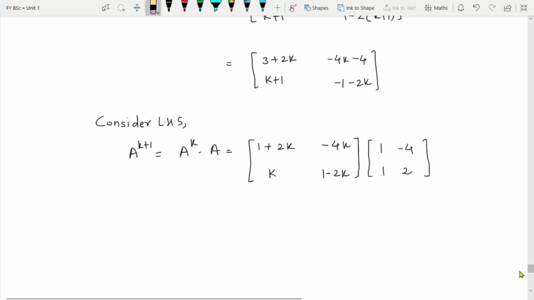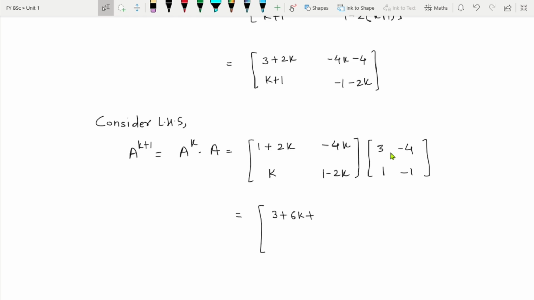Now let us take the product. I hope you know how to do matrix multiplication. So first row, first column is going to give us the first entry. So 1 plus 2k multiplied by 3, so we'll have 3 plus 6k, plus minus 4k multiplied by 1, that is minus 4k.